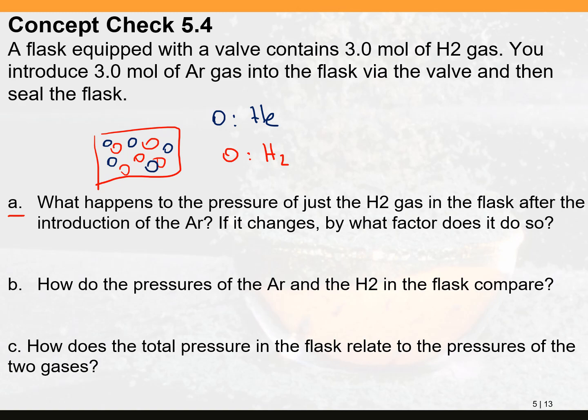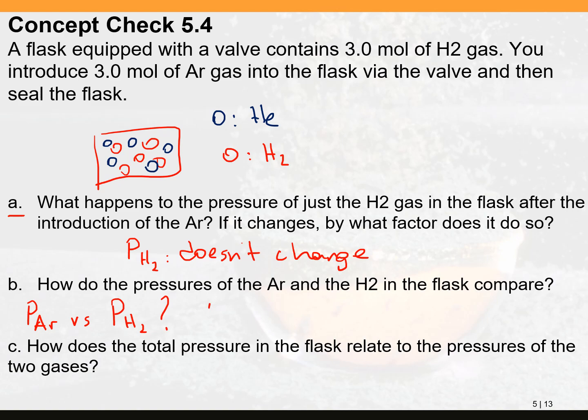Well, remember, gases exhibit partial pressures independent of the presence of other gases. So the partial pressure of hydrogen doesn't change. How do you compare the pressures of argon and hydrogen? That means argon partial pressure versus hydrogen partial pressure.